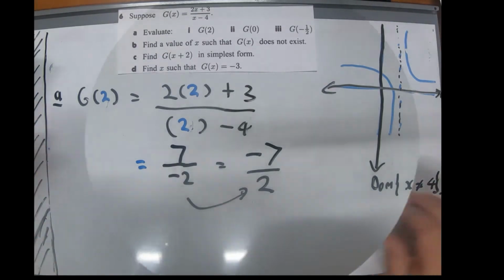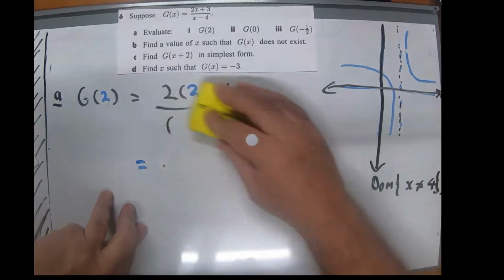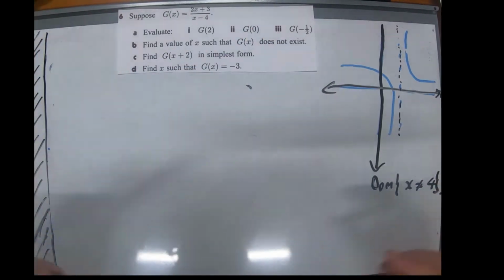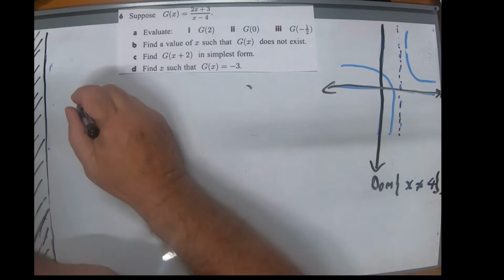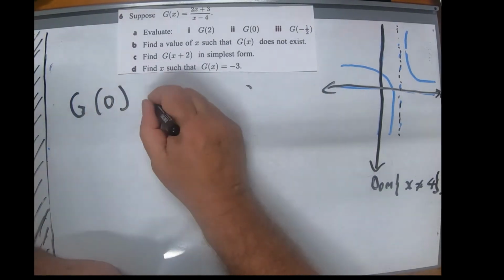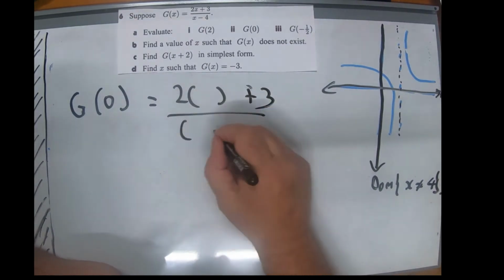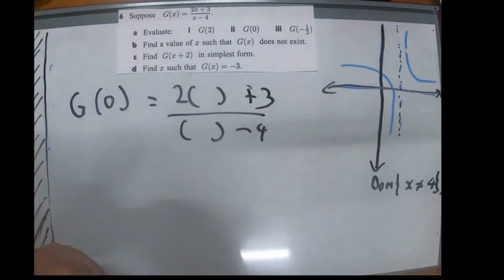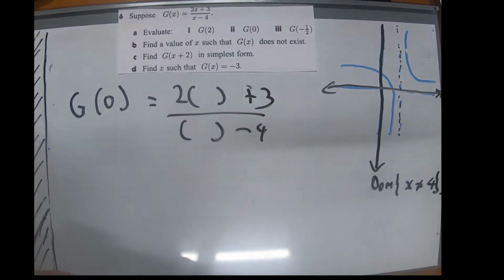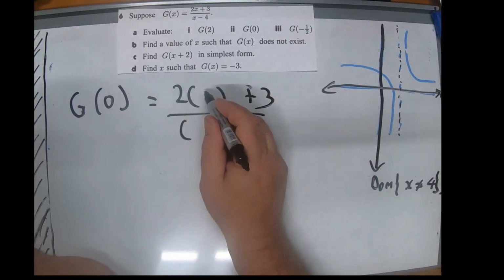And we will always rewrite our fractions with the negative on the top. Okay, just walk our way through to the next question. We have g of 0 equals 2. So, using the rule, I'm going to put a 0 where the x was.